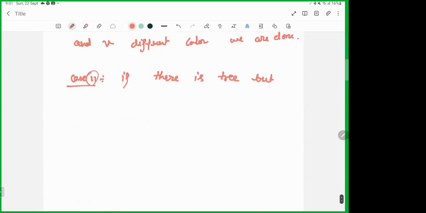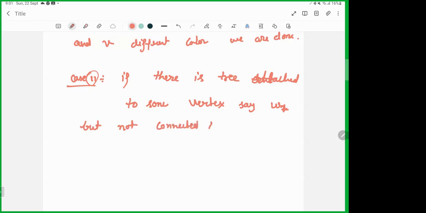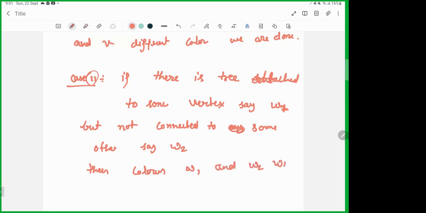If there is a tree attached to some vertex, say W1, but not connected to some other, say W2, then color W1 and W2 with the same color. We are done.